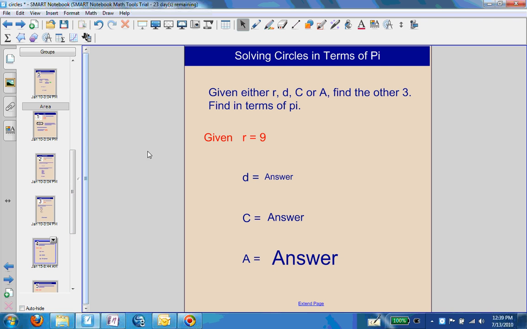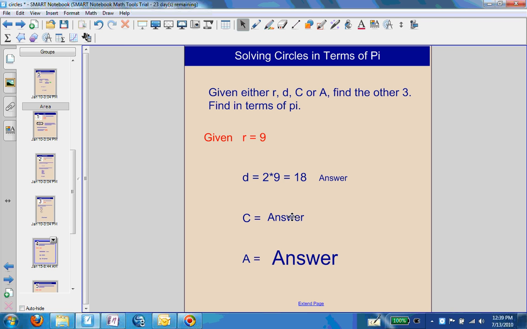In this example, I'm given either the radius, the diameter, the circumference, or the area, and I'm asked to find the other three. And if the answer can be found in terms of pi, we will. So what that means is if the answer is multiplied by pi, we're going to just leave the pi there instead of multiplying it out. So in this case, we're told that the radius is 9. Well, we know if the radius is 9, the diameter has to be twice as big, so that means it's going to be 18. Now, circumference is diameter times pi.